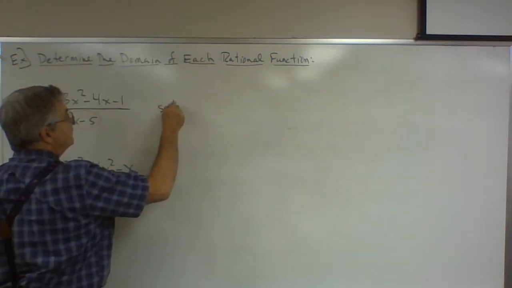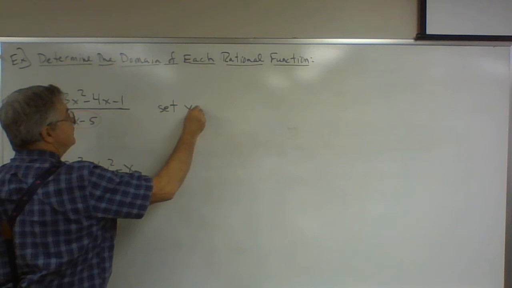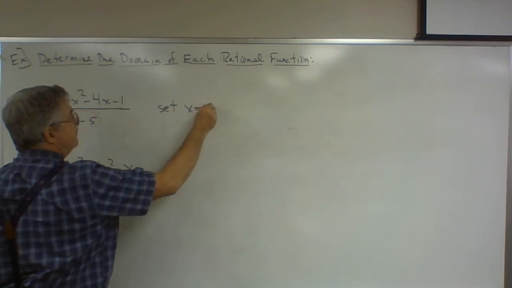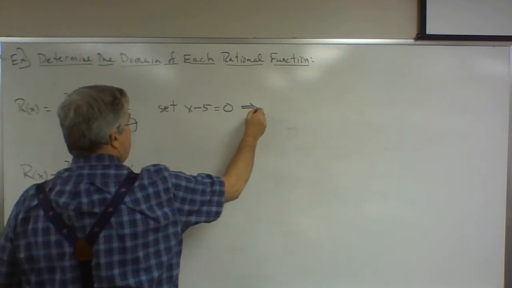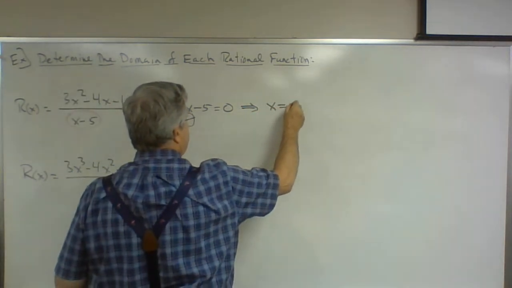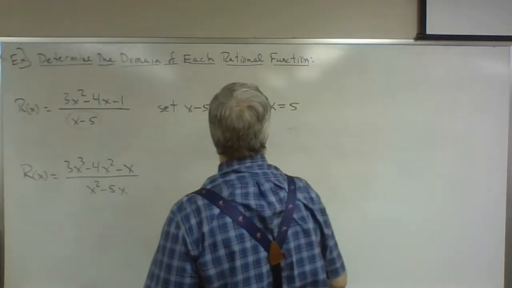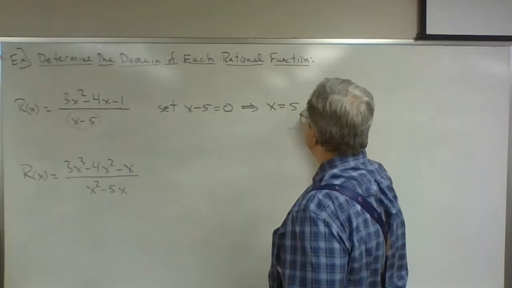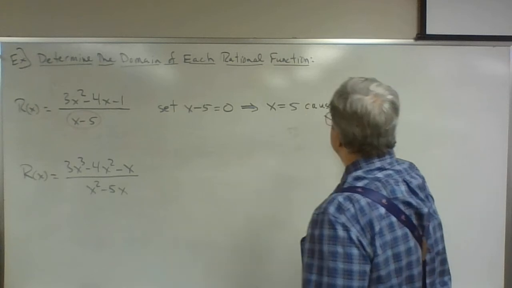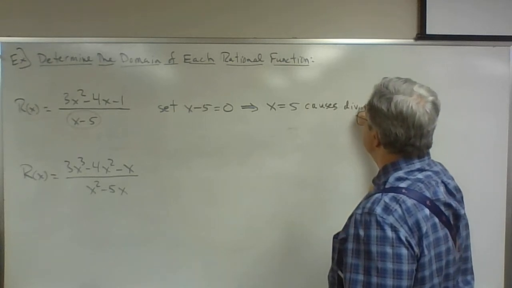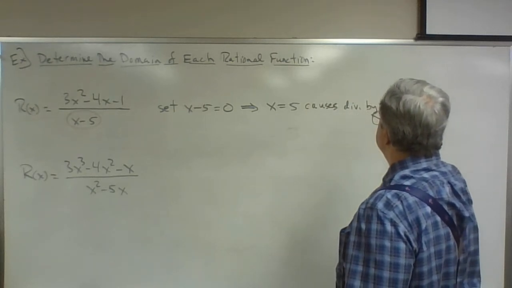So we'll set the denominator equal to 0. x equals 5 causes division by 0.